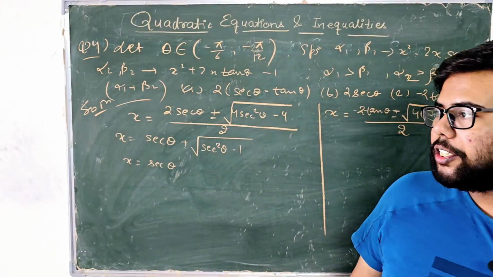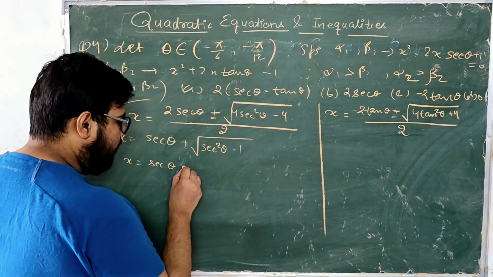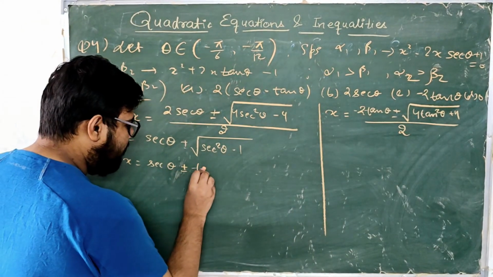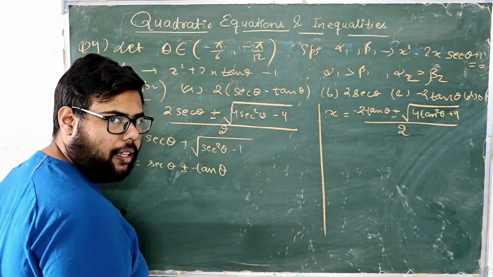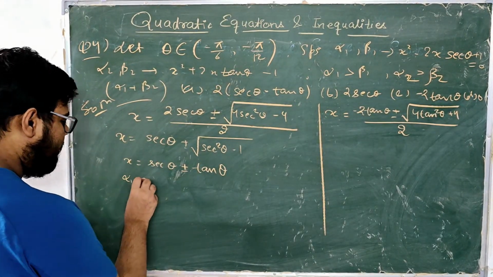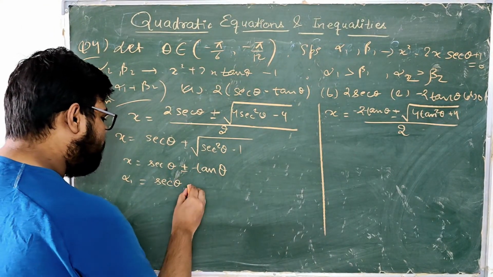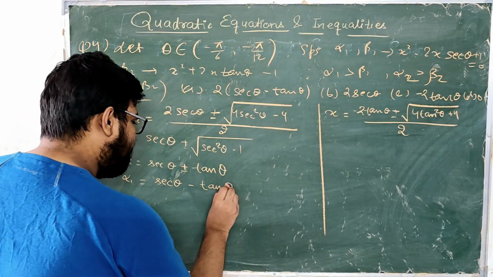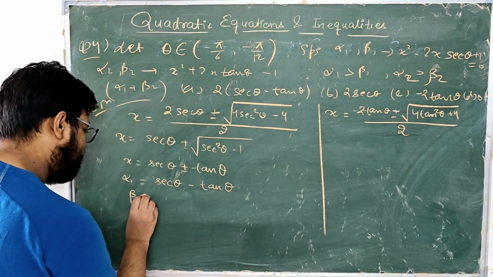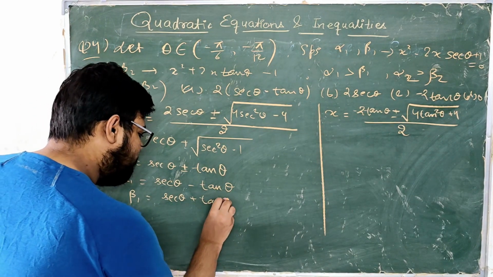Well, it is equal to tan square theta, right? So x is equal to sec theta plus minus tan theta. So we have alpha 1 as sec theta minus tan theta and beta 1 as sec theta plus tan theta.